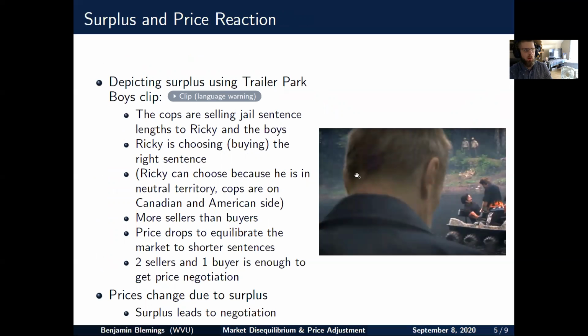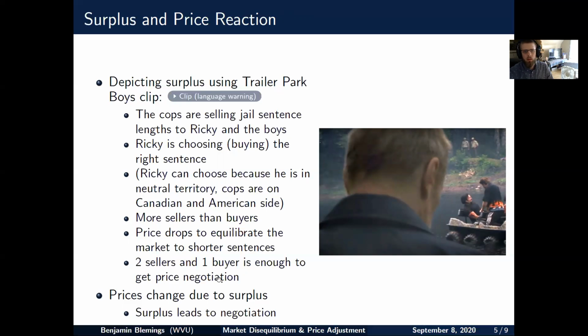So I think a really good way to illustrate this point would be this clip from Trailer Park Boys, where the cops are essentially selling jail sentences to Ricky and the boys who are in this boat in the middle of a river. And they're choosing, because they can go to either shore, which jail sentence they'll take. And so there's more sellers. There's cops selling jail sentences to Ricky, who's essentially buying jail sentences.